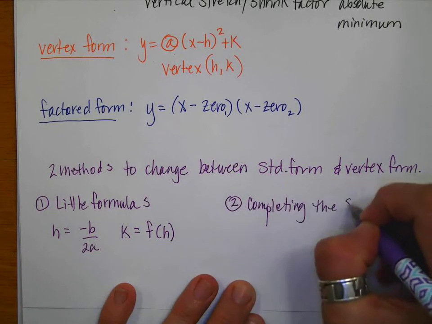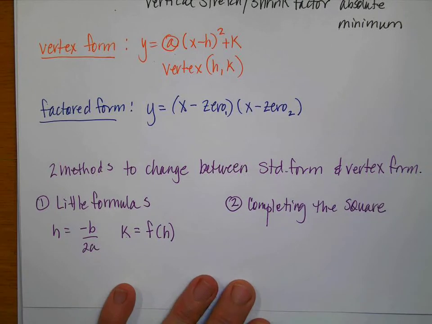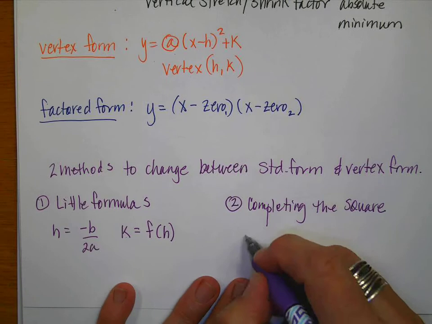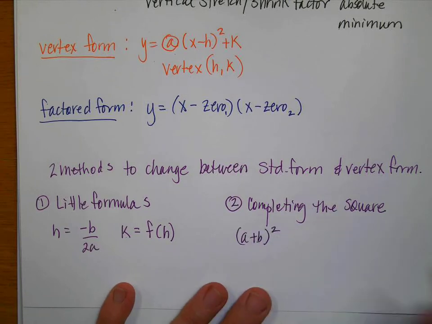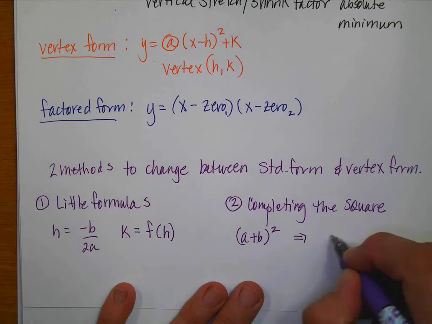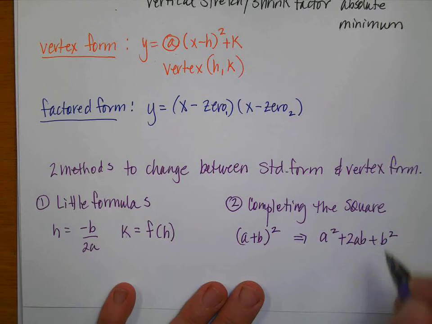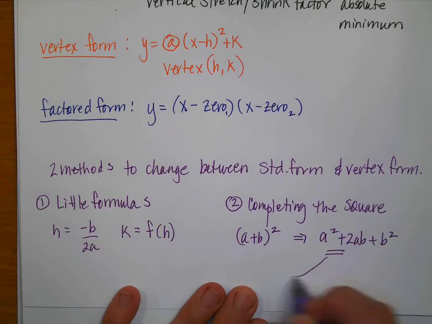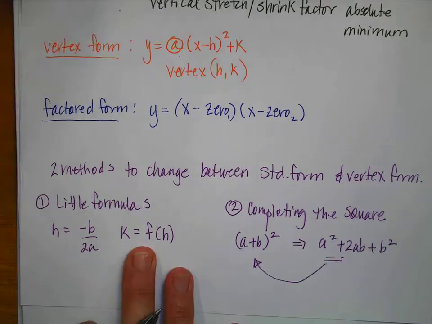Completing the square is significantly faster than doing the little formulas. I force this to happen so that I can factor. That's the whole purpose behind completing the square. And we will walk back through both of these types of problems.